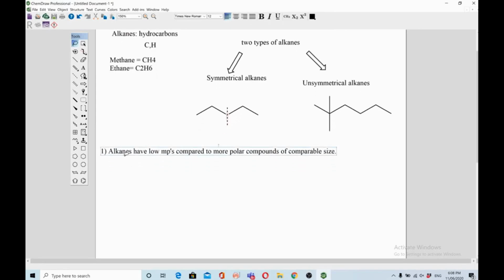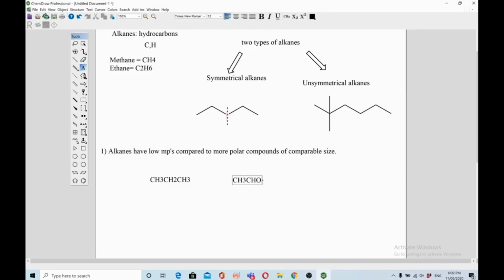Okay, point 1: alkanes have low melting points compared to more polar compounds of comparable size. So if we take two compounds which have similar size, for example, number 1 is CH3CH2CH3, and second is CH3CHO.